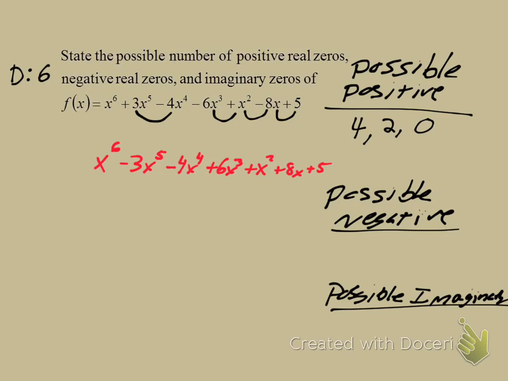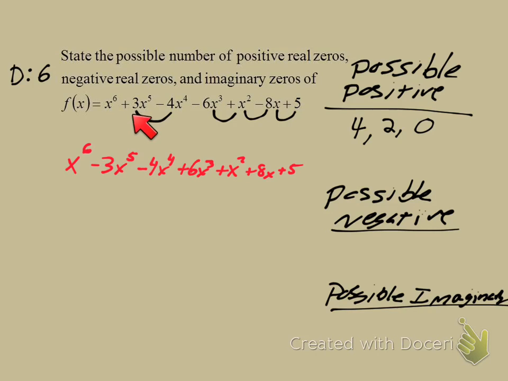That's how you figure out your negatives. On the odd exponents, so 5, 3, and 1, you change your sign. So 3x to the 5th made it negative. Negative 6x cubed made positive. Negative 8x made positive.